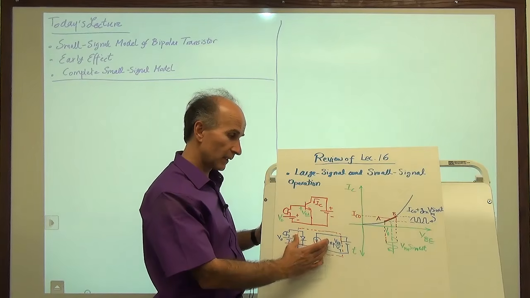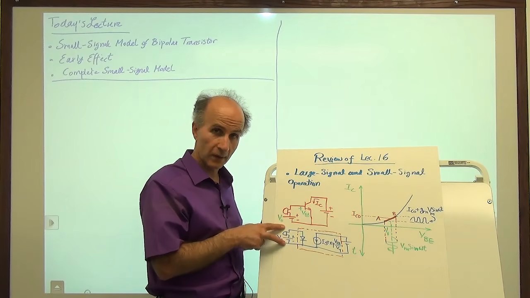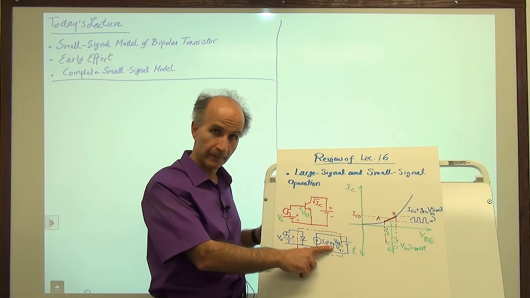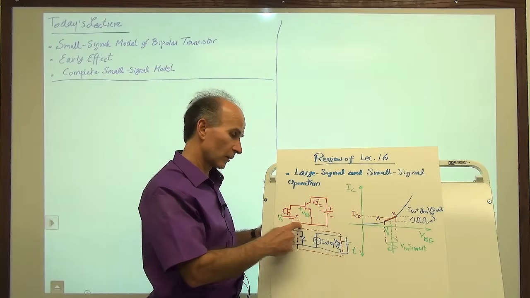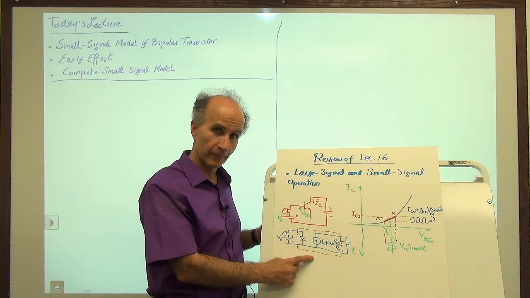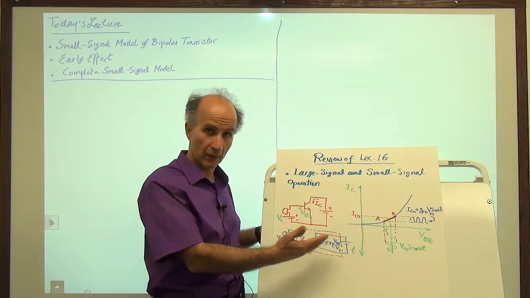And in this case, the dependence of the current upon these voltages is more complicated because we have an exponential here. So this model is called the large signal model of the transistor, to emphasize that we can have large signals everywhere.